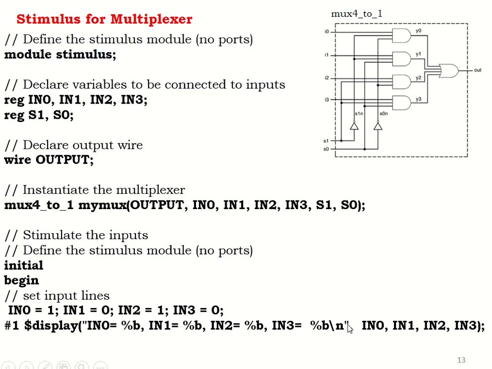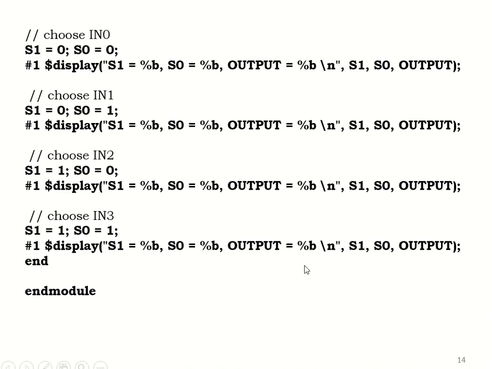This is the string in double quotes, then comma IN0, IN1, IN2, IN3, meaning the first %B takes the IN0 value, the second %B takes the IN1 value, the third %B takes the IN2 value, and the fourth %B takes the IN3 value. So after the string is written, I need to write these variable names. Okay.